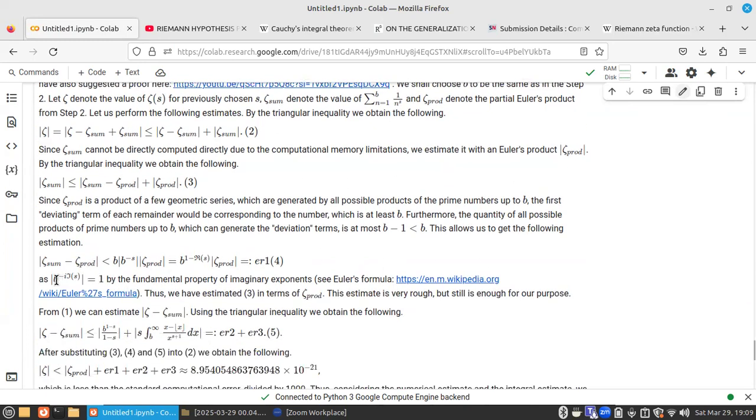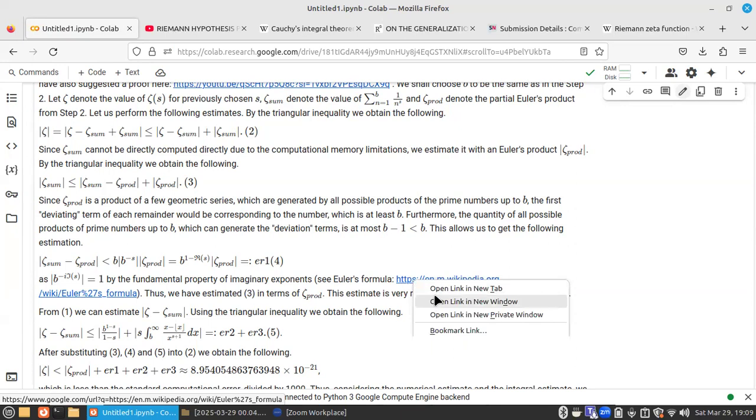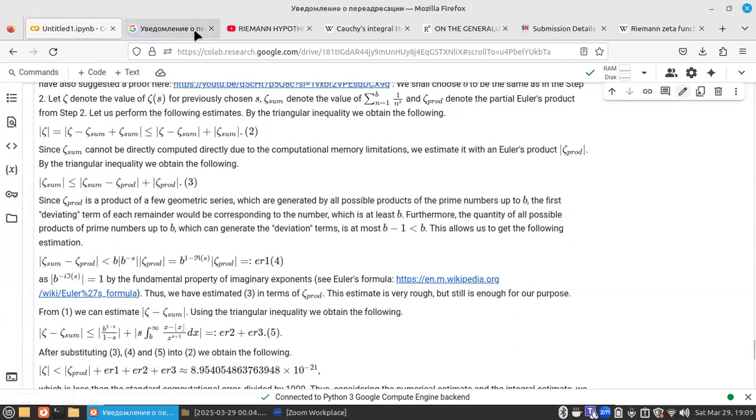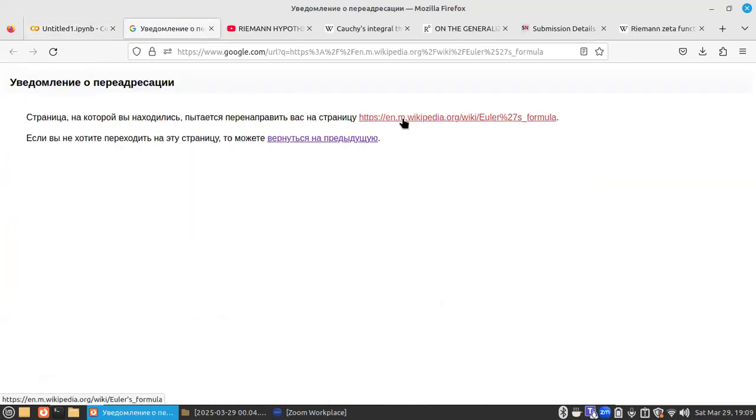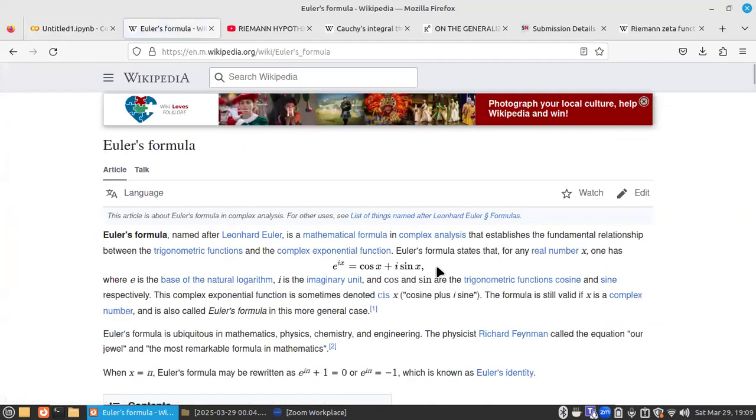Oh, and also we know that b to the imaginary power does not change the picture for the absolute value, due to Euler's formula, which is basically here.